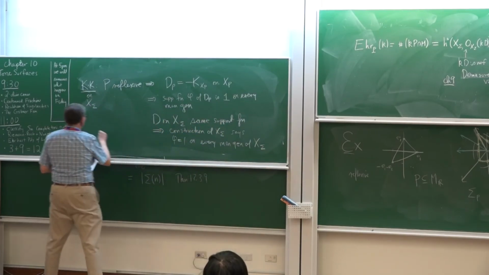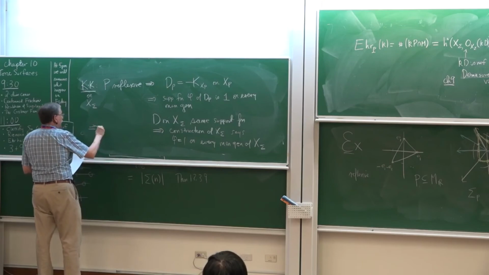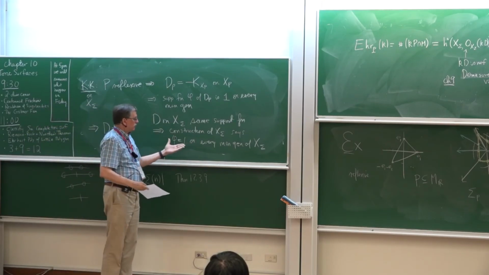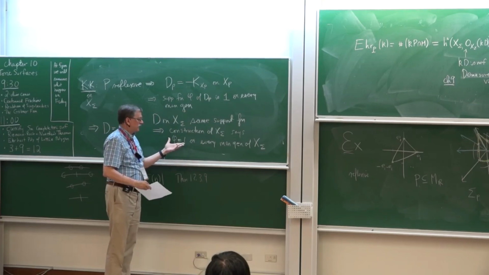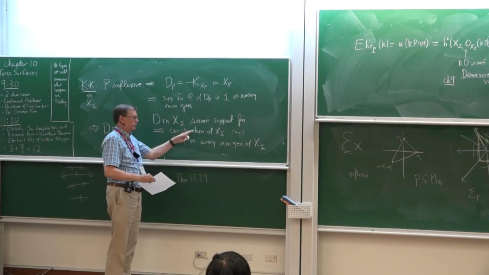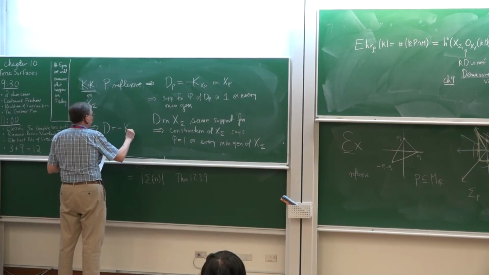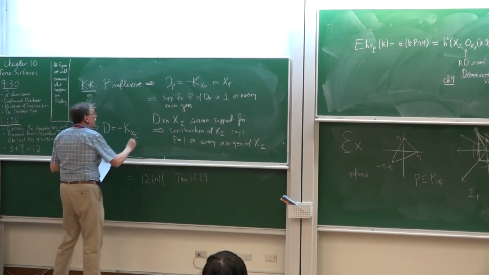But what that tells me is that what I'm going to get out of this is, again, the canonical class. And of course, there's a sign floating around. So in fact, I get minus the canonical class here.